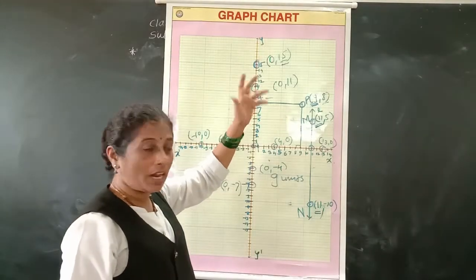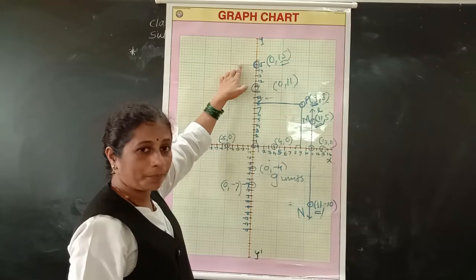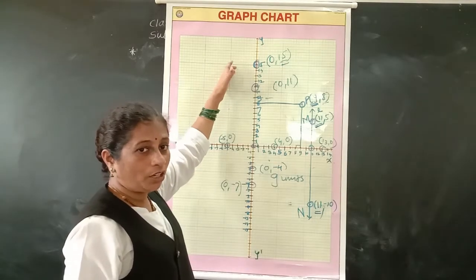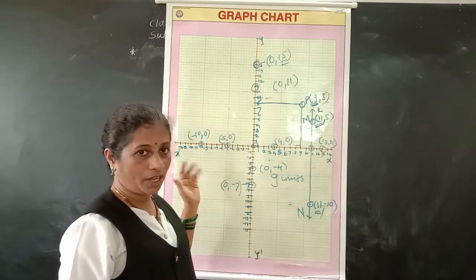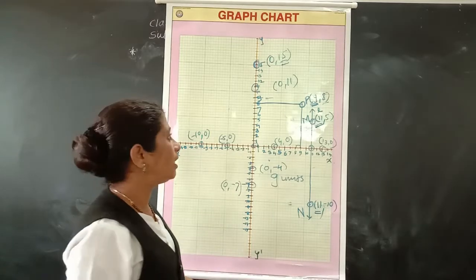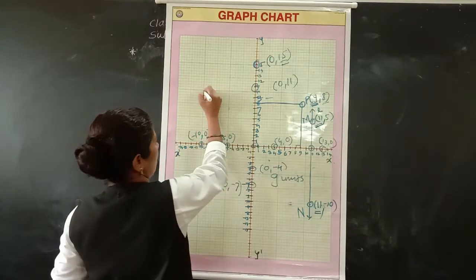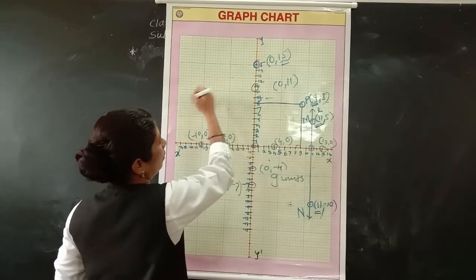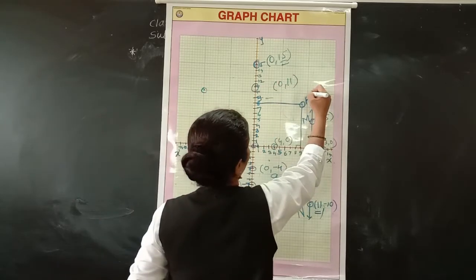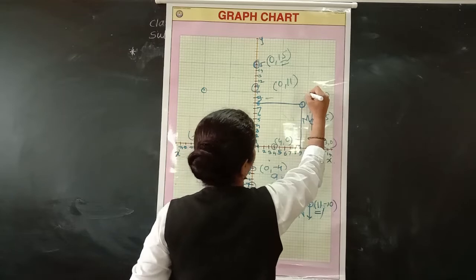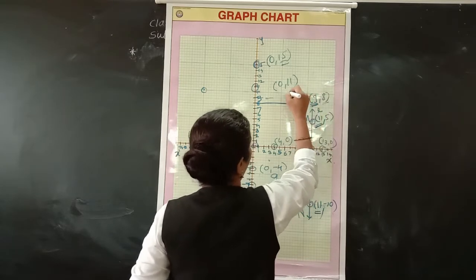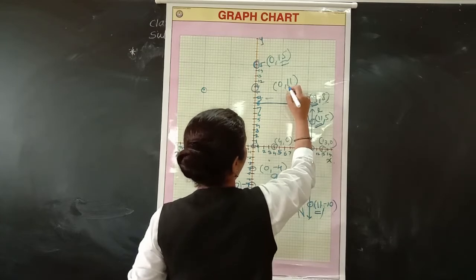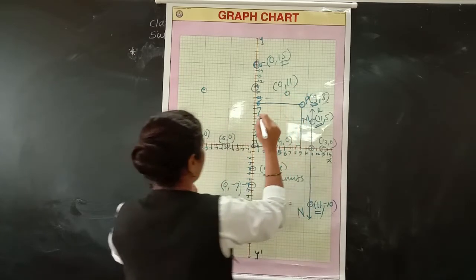Now a different question they will ask: the ordinate of the points is the same but the abscissa is different. Suppose your point is here and another here.